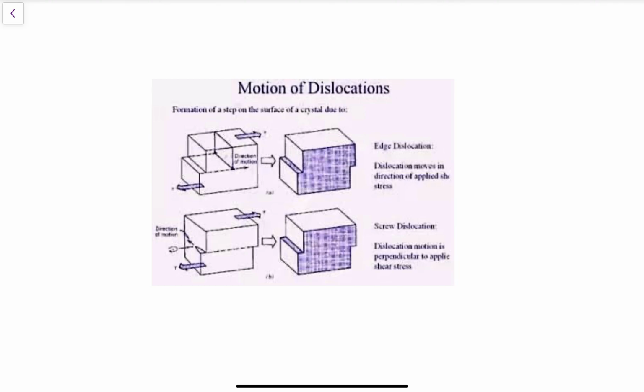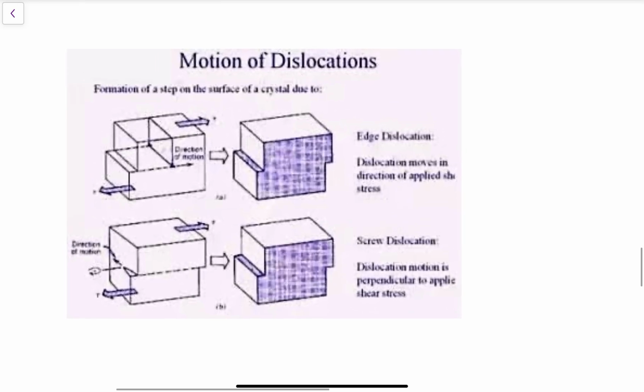So here you can see the difference between edge dislocation and screw dislocation in detail. The first one is that of the edge dislocation. You can see that the top half is displaced towards the right. Here the dislocation moves in the direction of the applied shear stress.